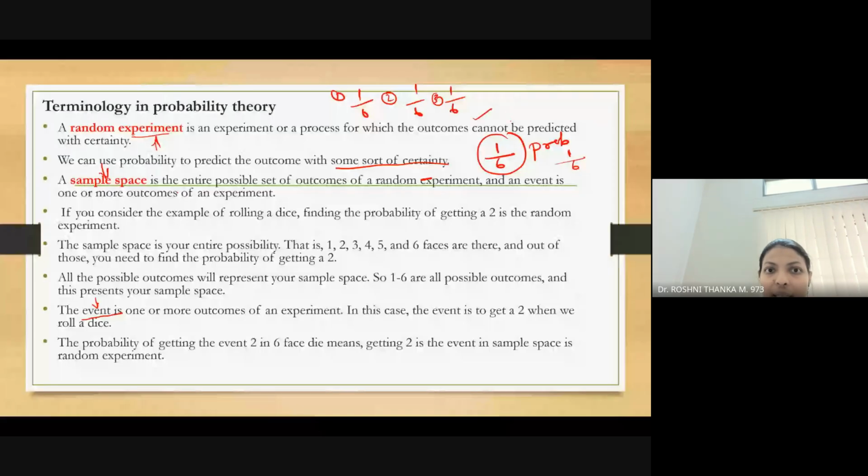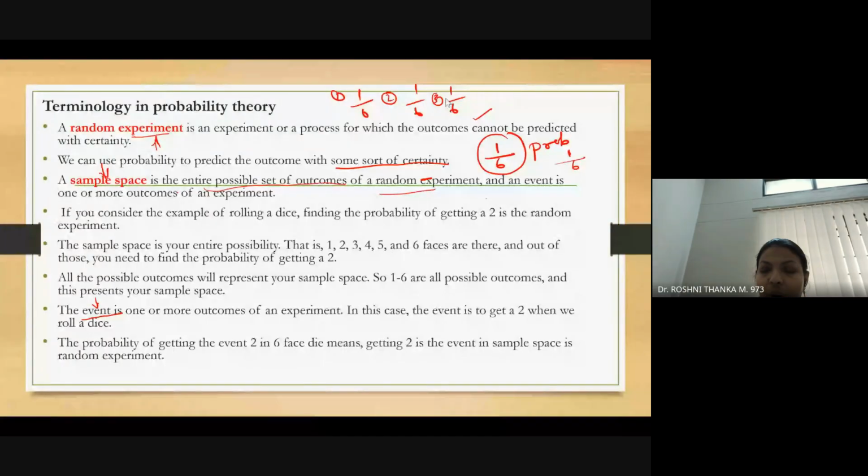In this entire possible set of outcomes of a random experiment, an event is one or more occurrences of the experiment. For example, this is the total random experiment. Out of it, what is the sample space, your entire possibility?